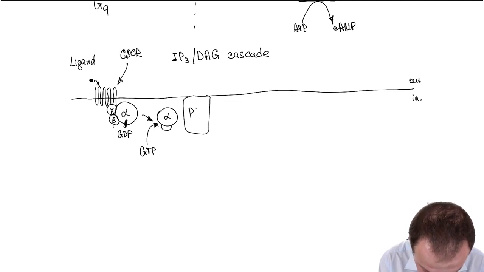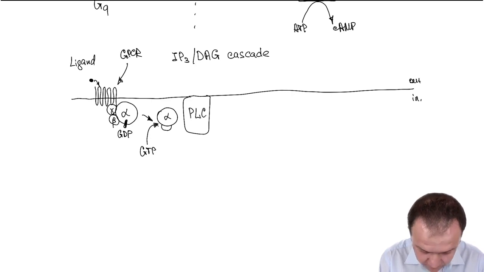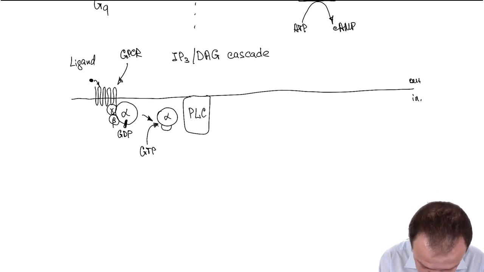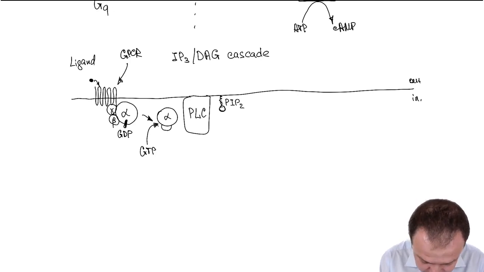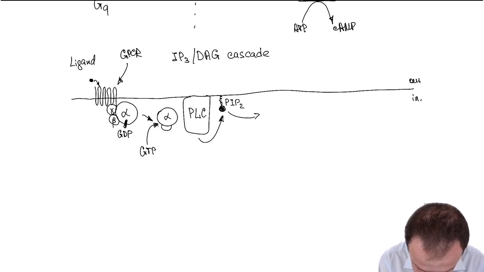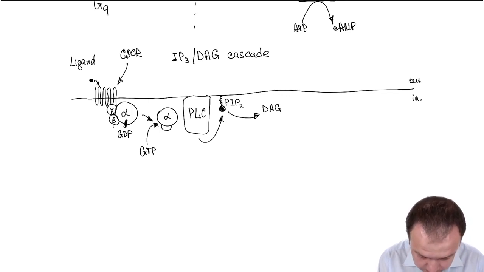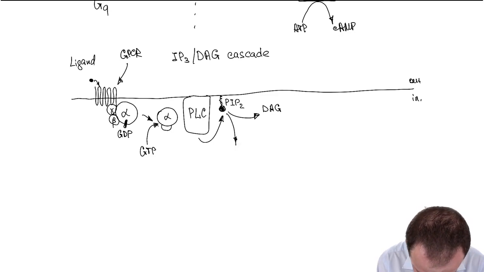It's called phospholipase C. And phospholipase C cleaves phosphatidylinositol biphosphate into two parts. The first part is diacylglycerol, DAG, and the other part is inositol triphosphate.